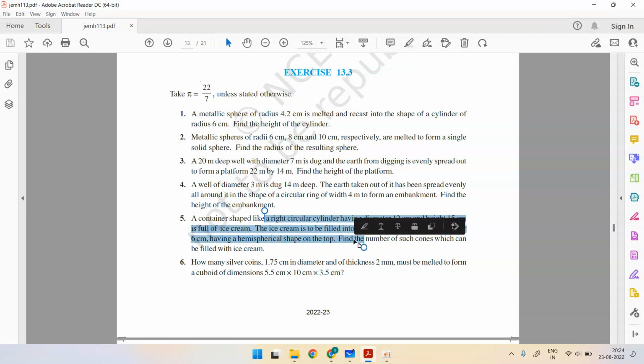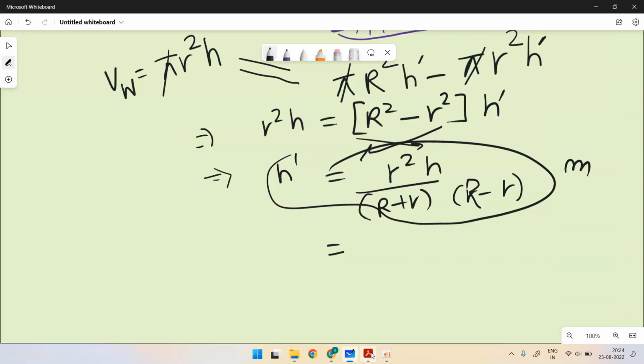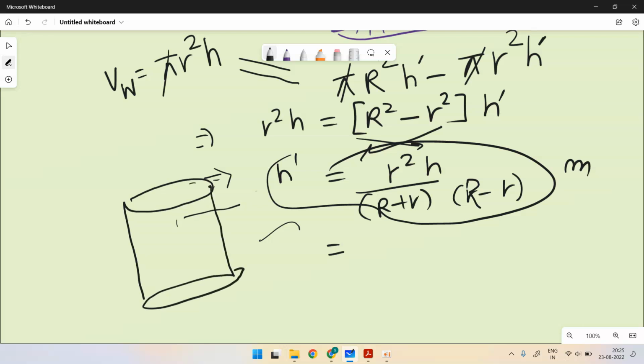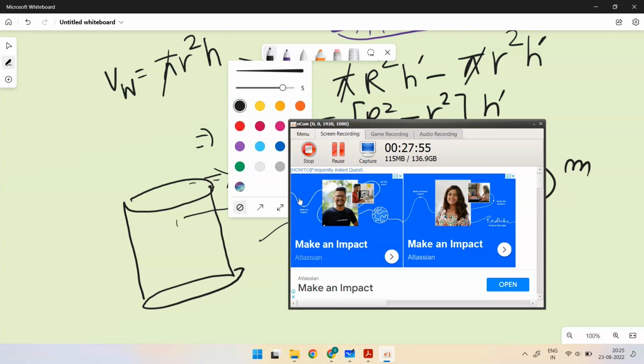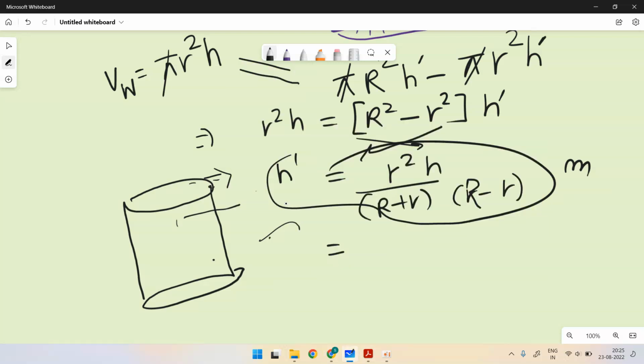See, cylinders can be of two types. One is a normal cylinder, and the other is a right circular cylinder, where this angle is 90 degrees.